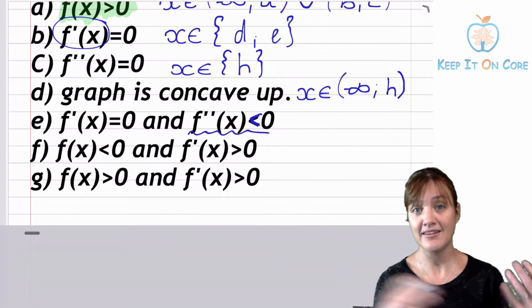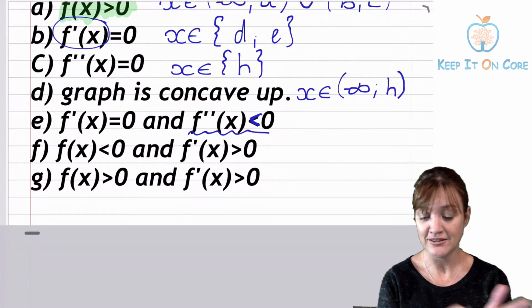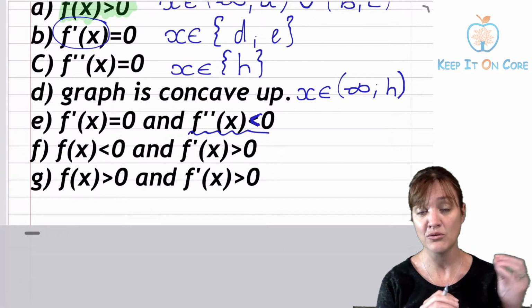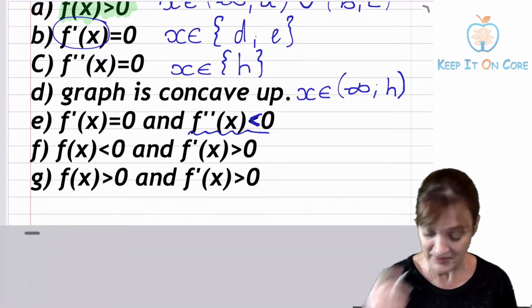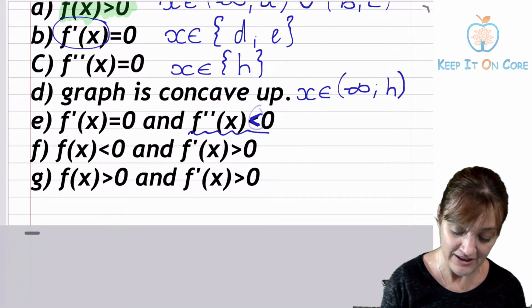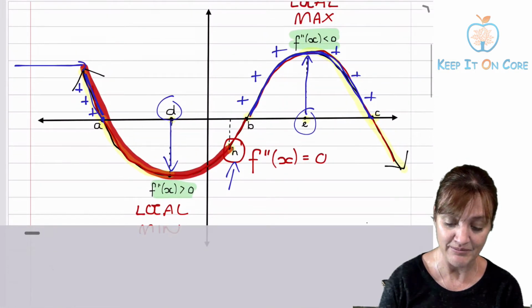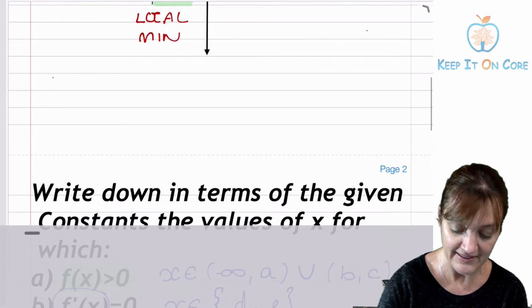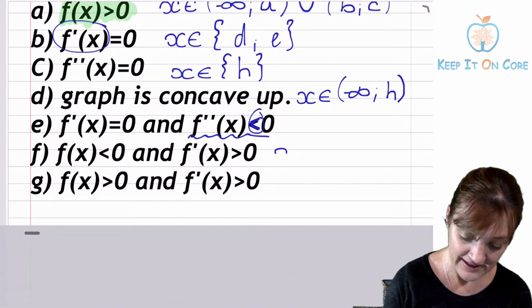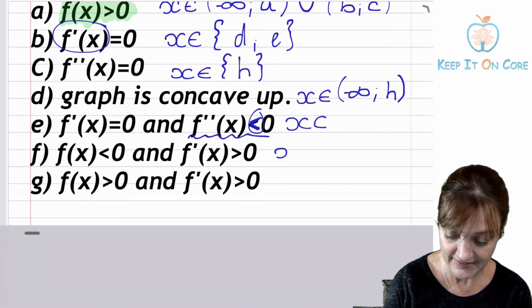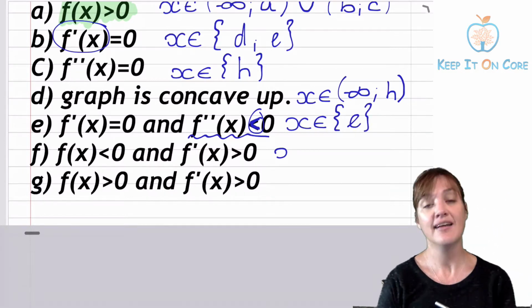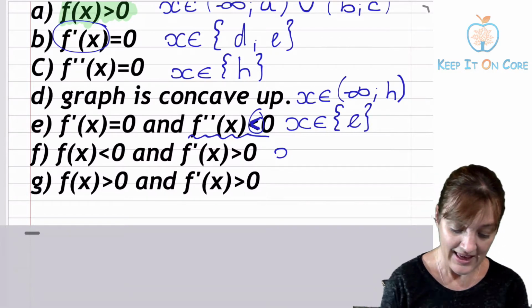Now remember we said earlier where the second derivative is negative means it's your local maximum, and where the second derivative is greater than 0, it's your local minimum. So because this is less than 0, the turning point at which my second derivative would be less than 0 is my maximum, so that's at E. So x is an element of point E. That's where it would be a local maximum.